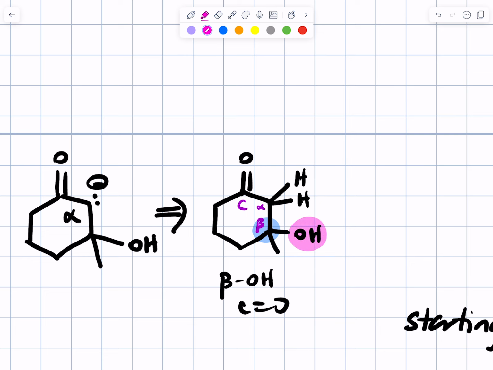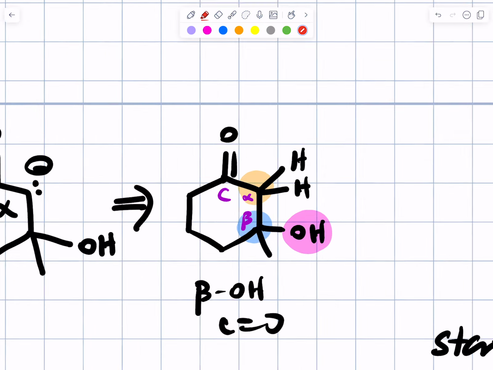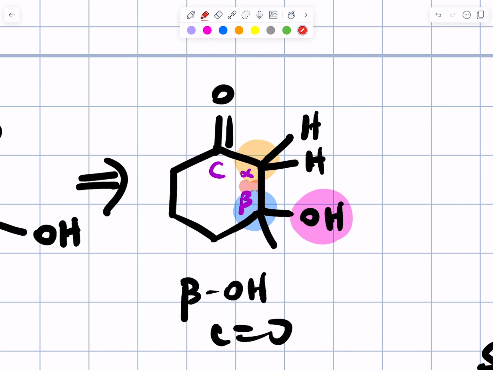It was the OH, right? Which used to be the enolate. Where did the negative charge on the enolate used to be? On the alpha carbon. Good. And which bond did we make in making that first aldol product? The bond between alpha and beta, right?